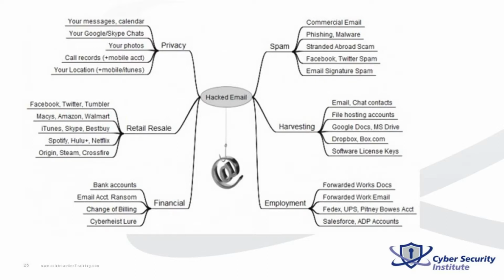So Brian Krebs, he was actually a reporter, and then he moved into the security space, and he's got a blog, Krebs on Security, and he writes about security in a very nice manner. And one thing that he put up that people don't realize is: what is your email worth?